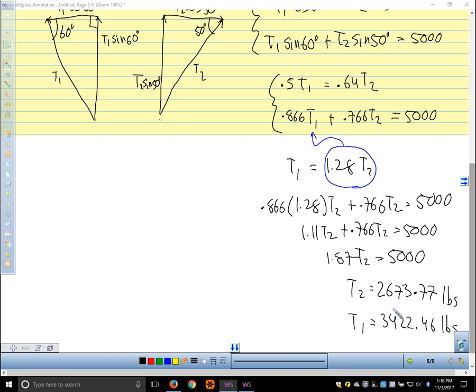Then you could look at these two and say, well, it's a little more than 6,000. So if the cable was only rated to 6,000 pounds, then it wouldn't be strong enough, because we have over 6,000 pounds of force being generated in that cable.